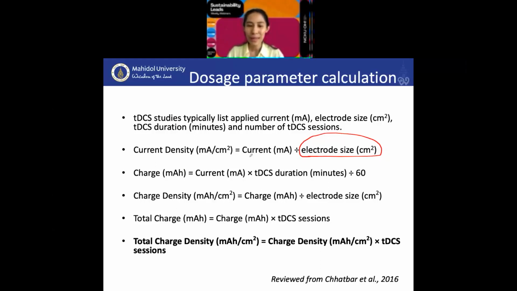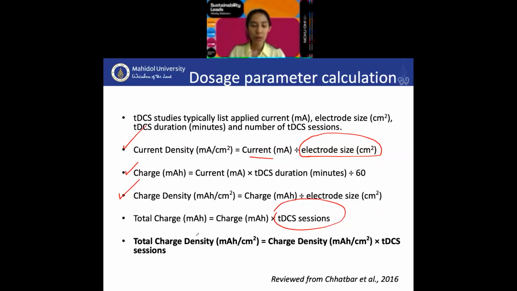And the current first, and then you will have current density from this formula. And then you need to know the duration in minutes. And then you will have charge, and then you can calculate the charge density. And the last one that you have to calculate is the tDCS sessions, the number of sessions.